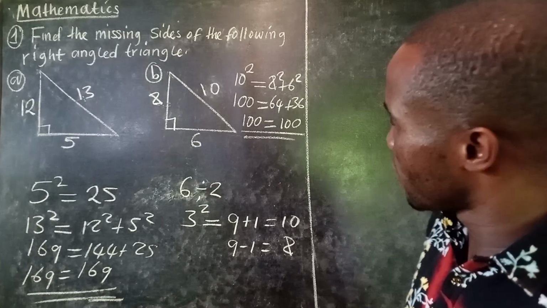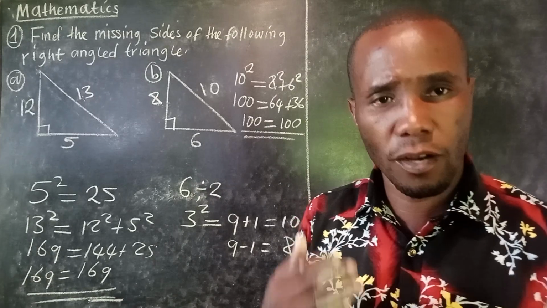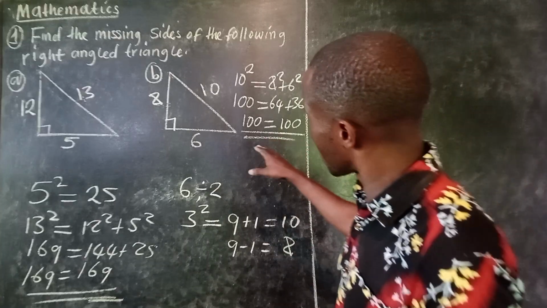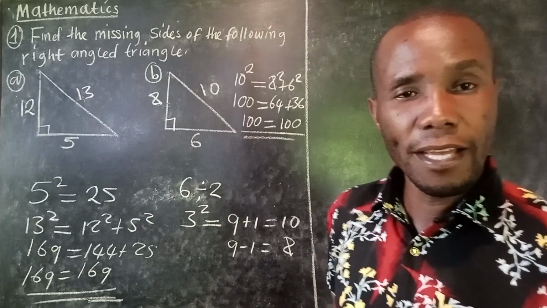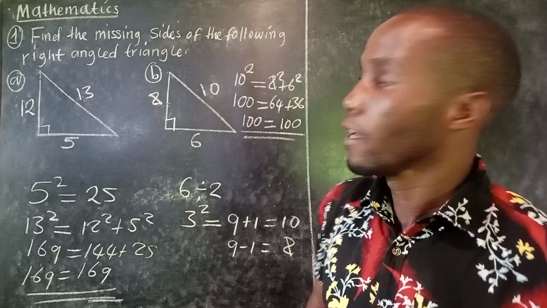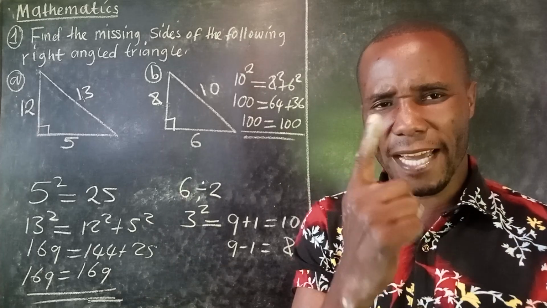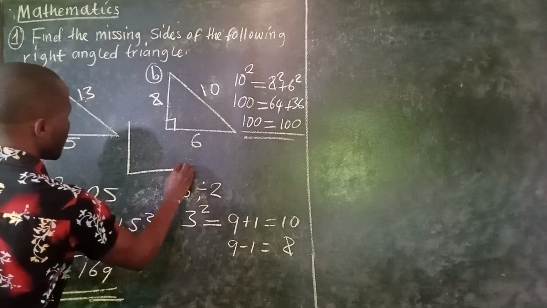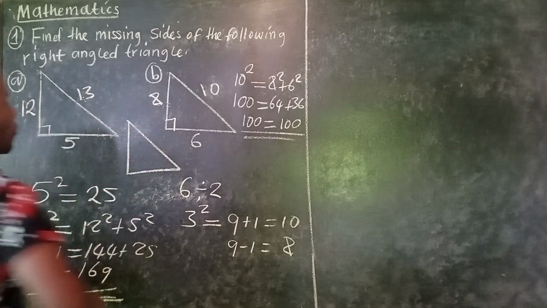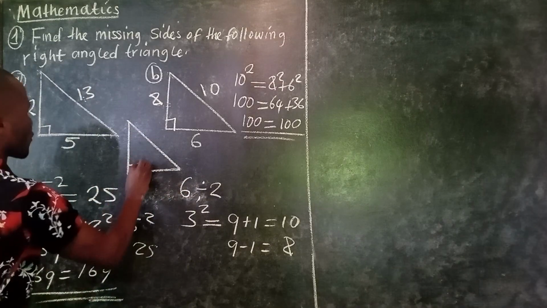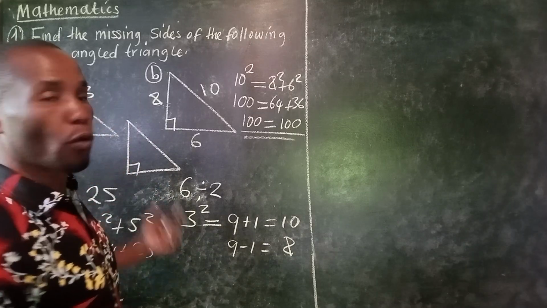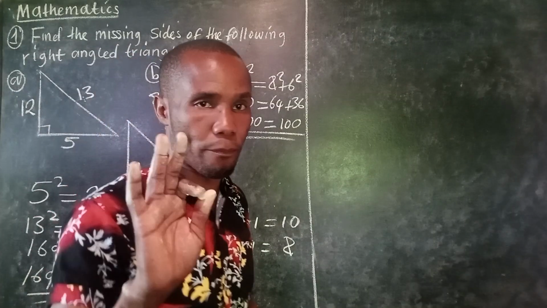Okay? And the other thing that I would like to let you know, my viewers, is that when you are using this method, you can easily answer even when you are just given one side. Okay? What do I mean? For example, if you are given a triangle, more especially a right angle triangle, more especially when you are given either the opposite or adjacent, not the hypotenuse.